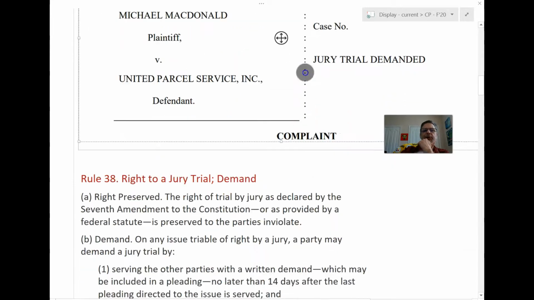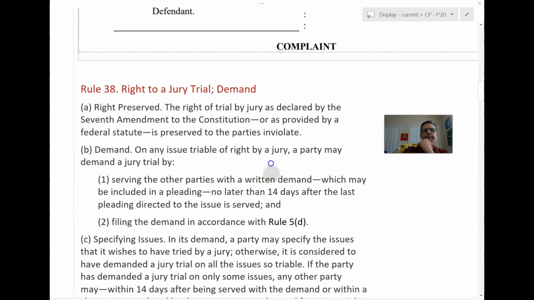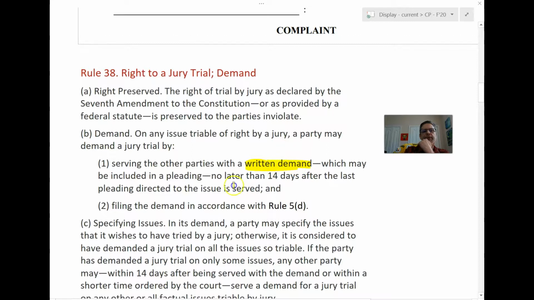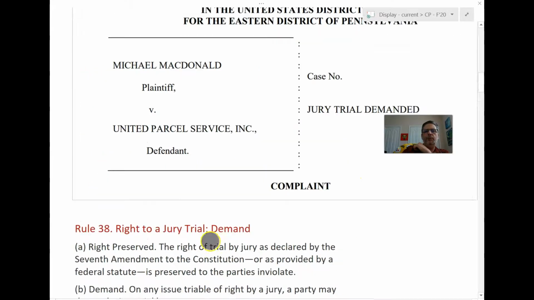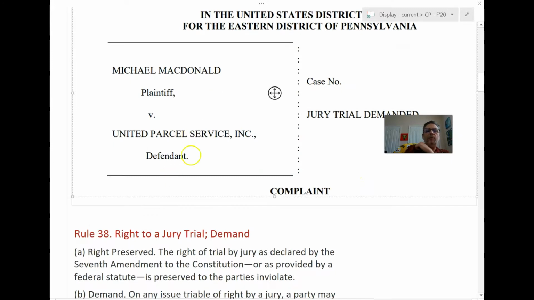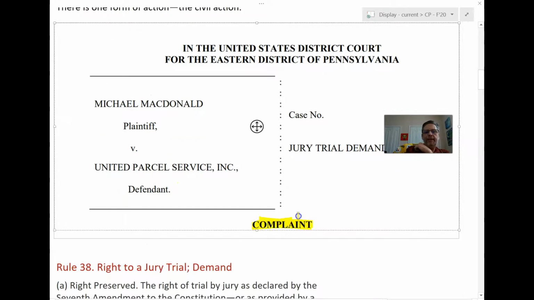How do you make a jury trial demand, right? Well, a written demand not later than 14 days after the last pleading directed to the issue is served. So, for example, here I screen capped a court complaint from a pleading, this one, McDonald versus UPS. Well, there you go, jury trial demanded.